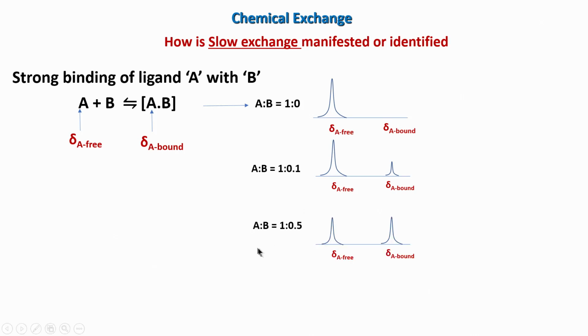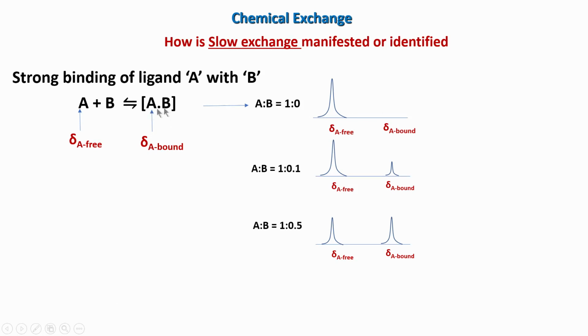Now, suppose I add more of B, so I increase the population of the AB complex. You can see here the A to B ratio is 1:0.5, meaning 0.5 of A has reacted with 0.5 of B and formed 0.5 of AB.